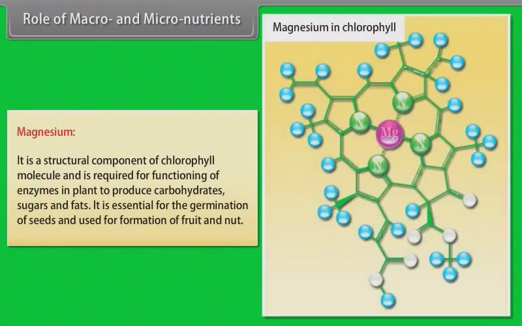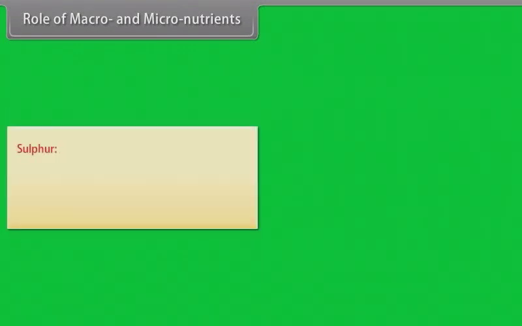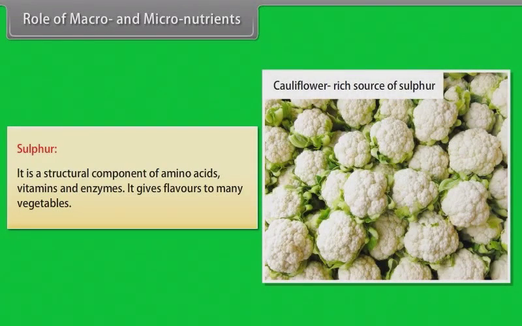It is a structural component of the chlorophyll molecule and is required for functioning of enzymes in plants to produce carbohydrates, sugars and fats. It is essential for the germination of seeds and is used in formation of fruits and nuts. Sulfur. It is a structural component of amino acids, vitamins and enzymes. It gives flavors to many vegetables.